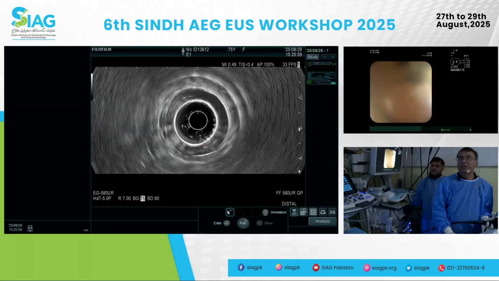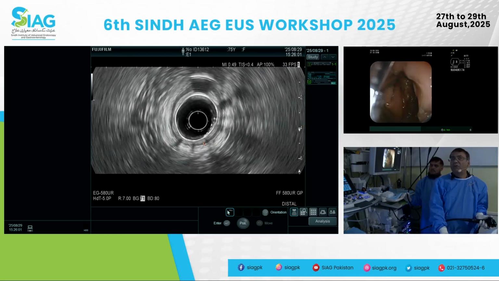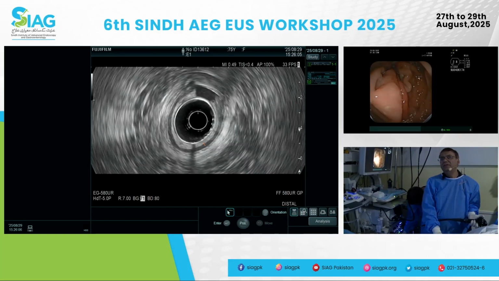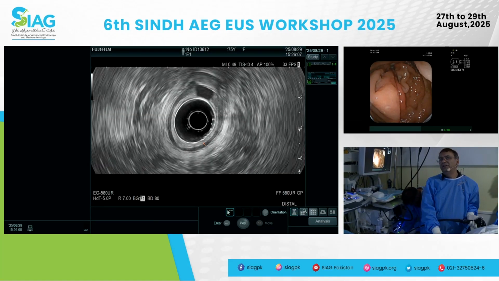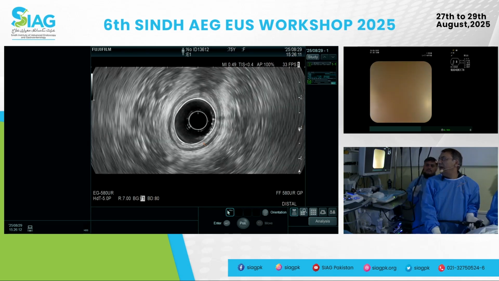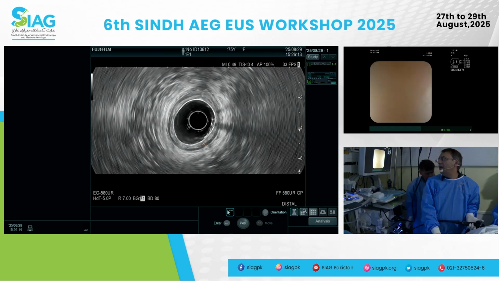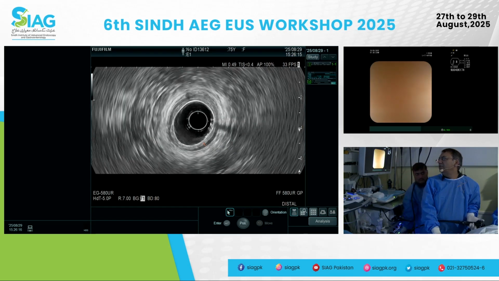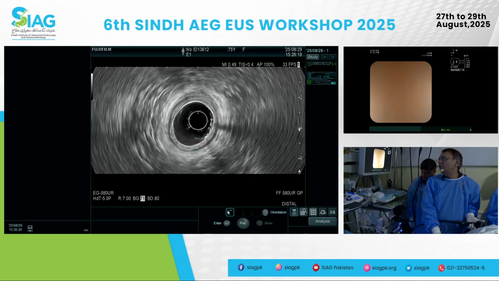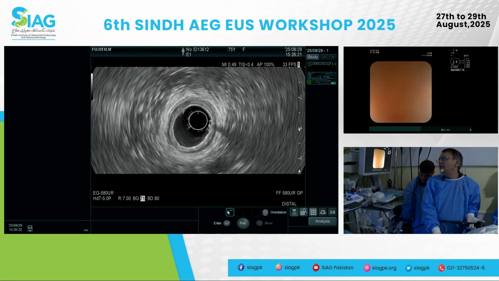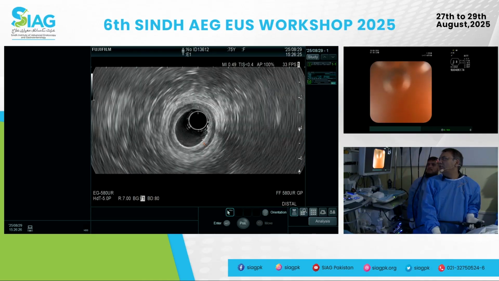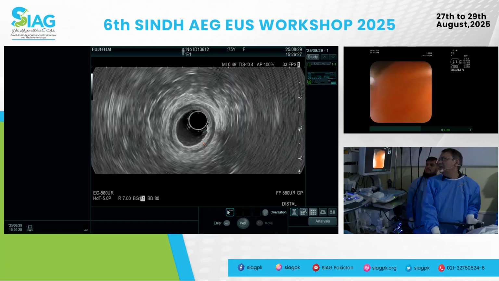Let me see if I can demonstrate one more time. Right here. Okay, regular section. Okay, good. So you pay attention to that muscularis propria, internal sphincter. As soon as we come close to the distal anal canal, it becomes a little bit fuzzy and mixes with that hyperechogenic area.